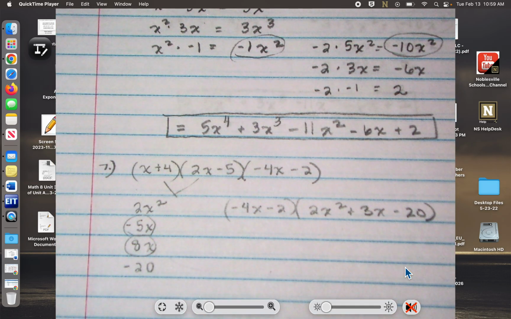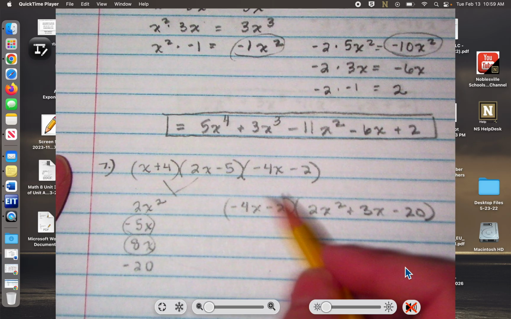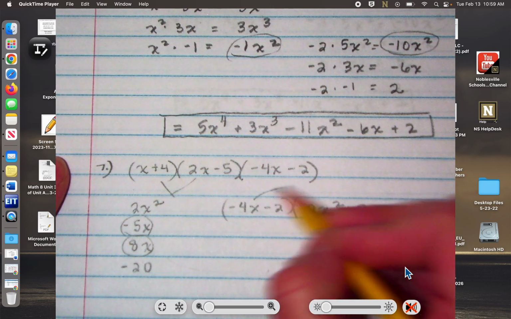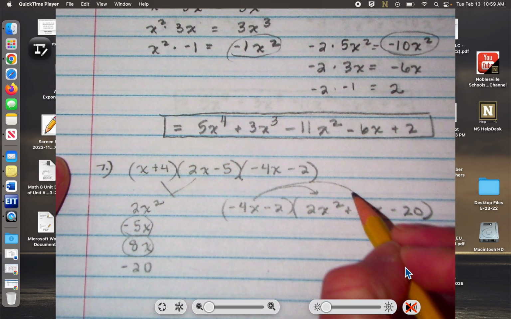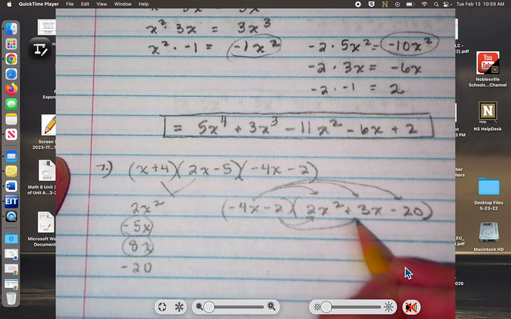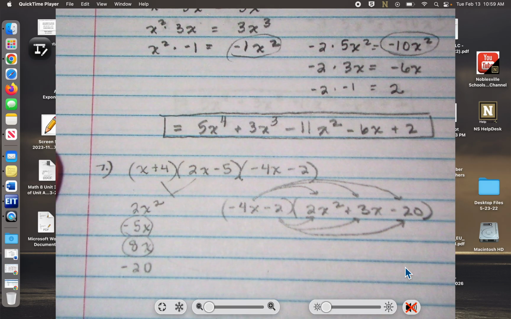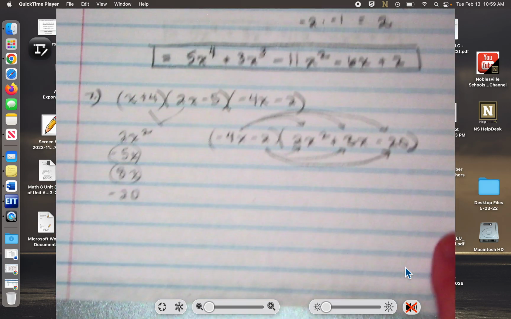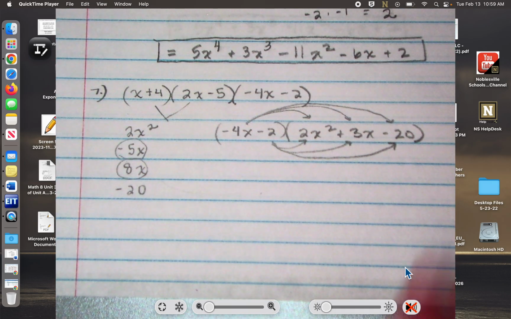I can FOIL the 2 times 2, the binomial times the binomial, and then I take the binomial I still had left and I'm going to multiply this, the above and below. And then I'll get my final answer. Okay, do you guys want a chance to do this one by yourself?